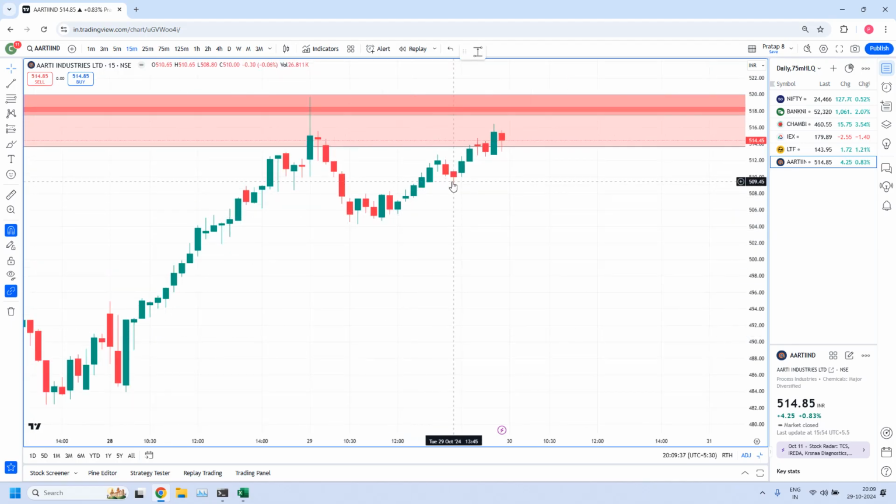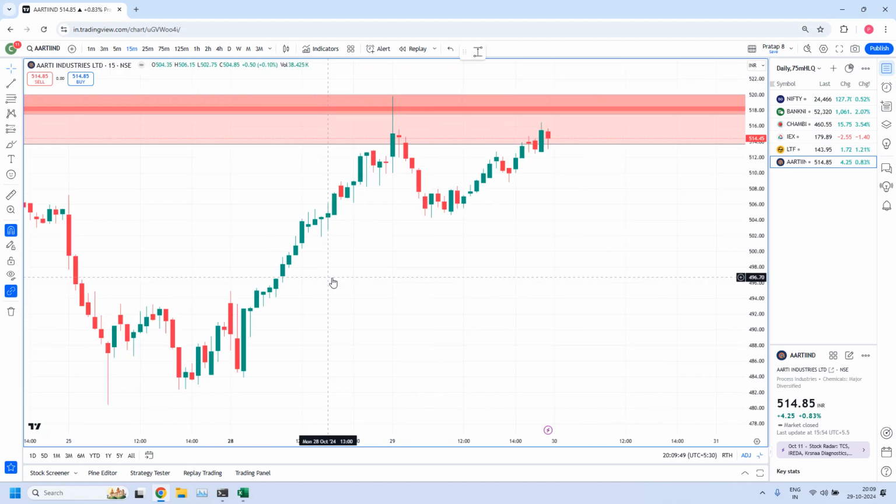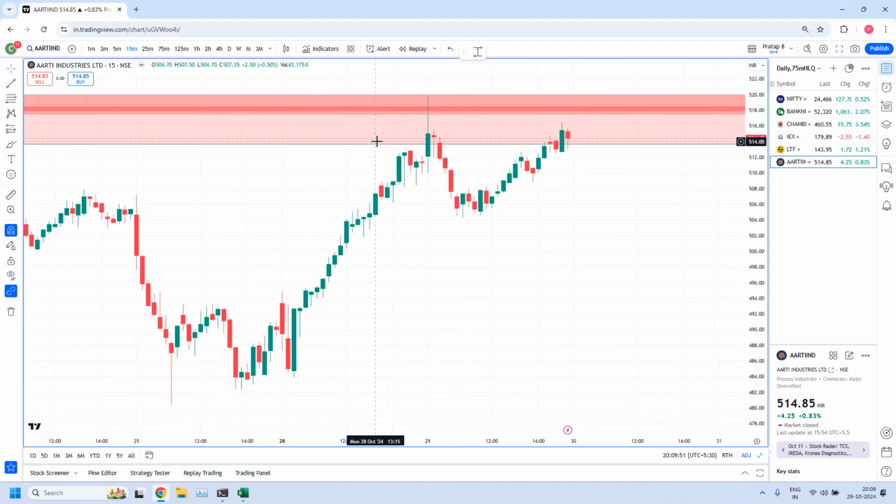This is the first 15 minutes target. This is the second 15 minutes target. Even it reached the second 15 minutes target sharply. Such a big move we missed because our trade is stopped out. We have to accept, there is no other option. Such kind of things you will see once in a while.